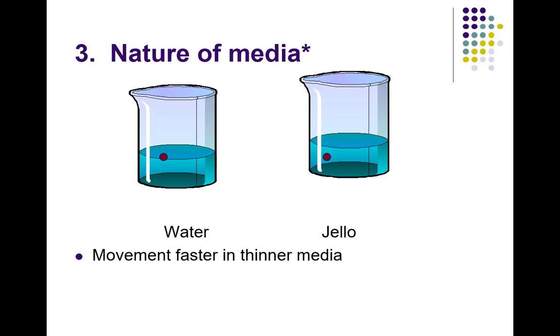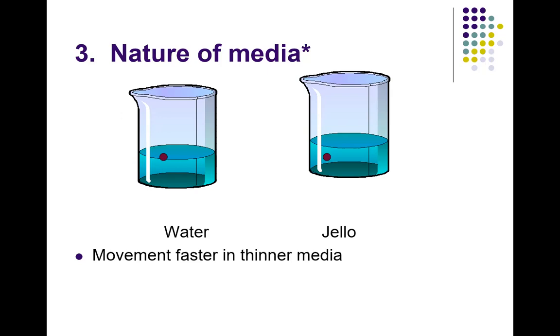But it's not exactly the same as the table here. When I hit the table, I can press on the table really hard and I'm never going to go through the surface of that table. So when we look at those different types of media, we're going to see that diffusion is going to happen more rapidly in thinner media.